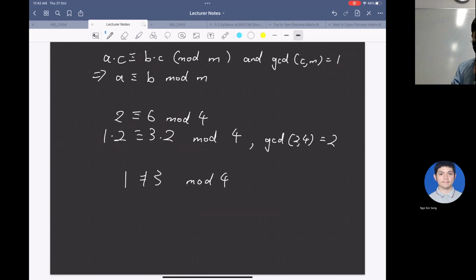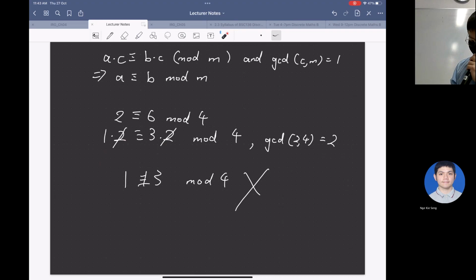But if you straight away cancel this 2, it says that 1 is congruent to 3 mod 4, which is wrong. 1 and 3 are different mod 4. So the result doesn't hold if you throw away the GCD condition. You cannot always see this factor is the same and just do the cancellation. It's not like the integer case.